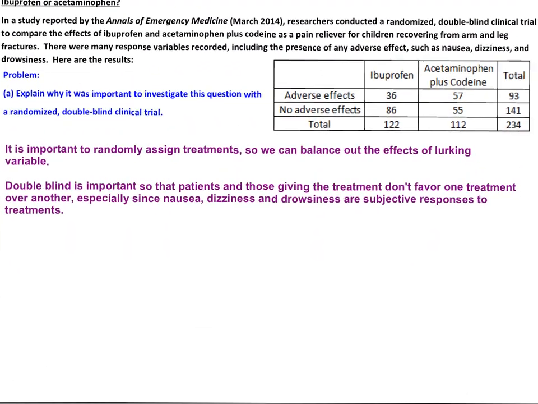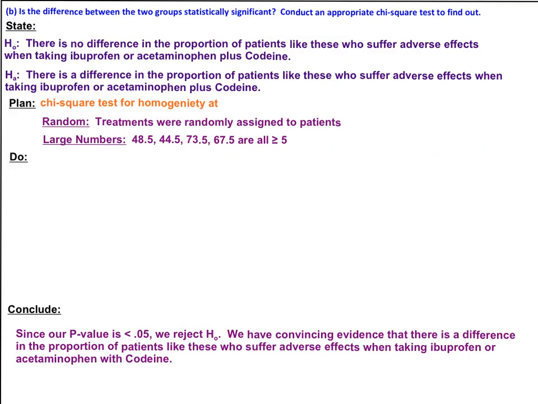Whoops, I've got to switch over to here. Most of it's already filled in. H0: no difference in the proportion of patients like these that suffer adverse effects. HA says that there is a difference between the two.